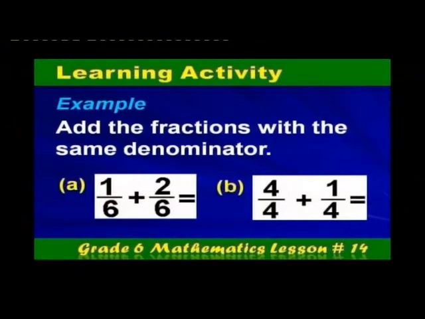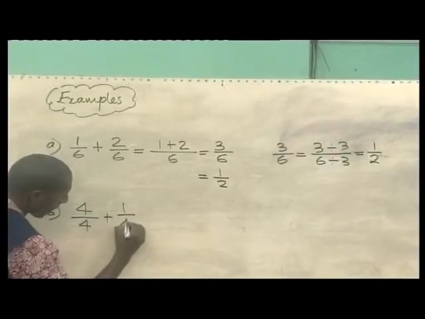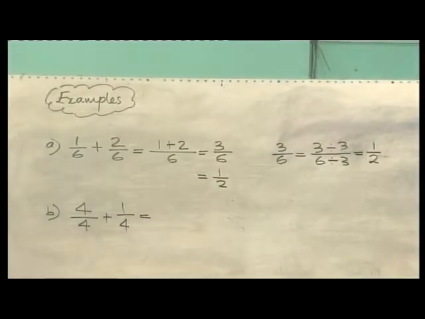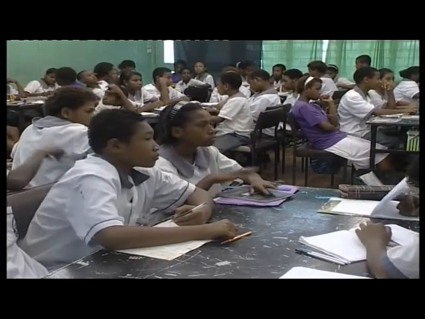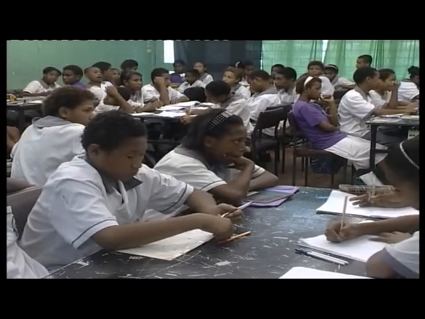Now students, our next example. The next example will not be the same as the first example. It is another example that I would like to give. Now students, in here we follow the same steps again.